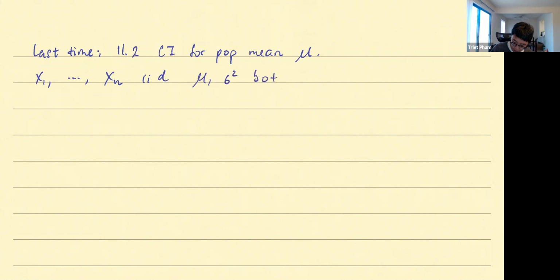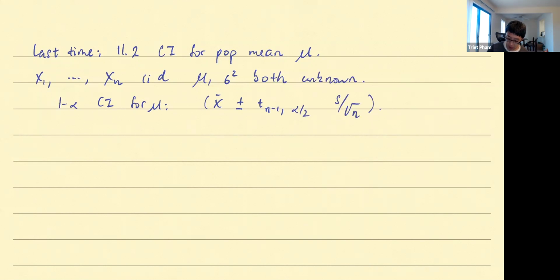But now we assume that they're both unknown. And we want to construct a 1 minus alpha confidence interval for mu. And we did give the answer in this case, which is x bar plus or minus t n minus 1 alpha over 2 s over root n.